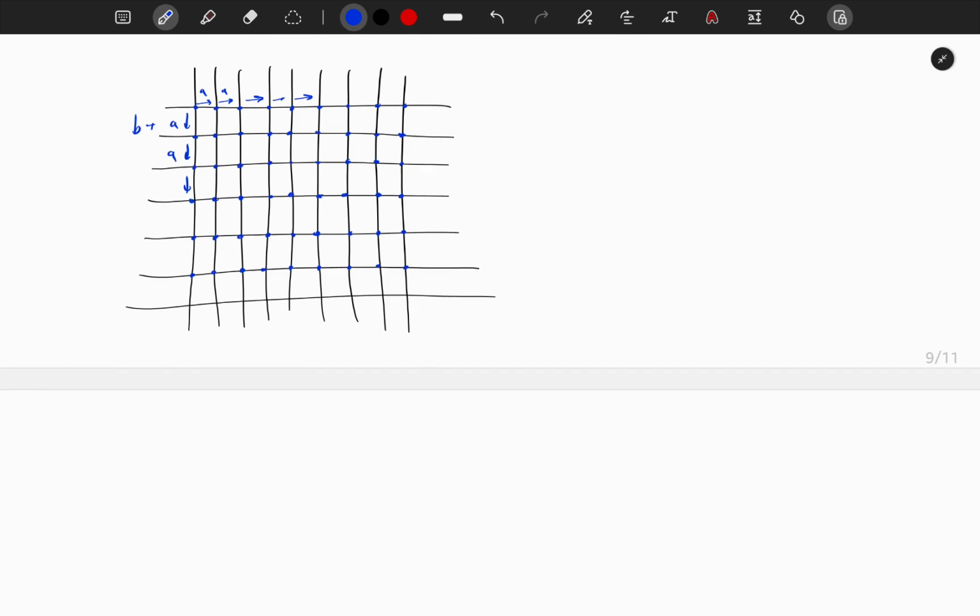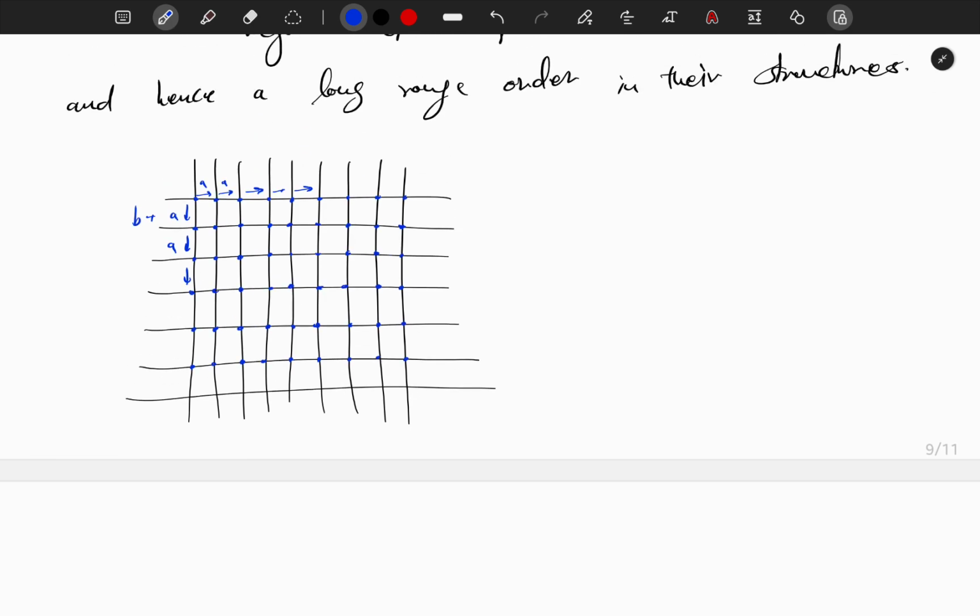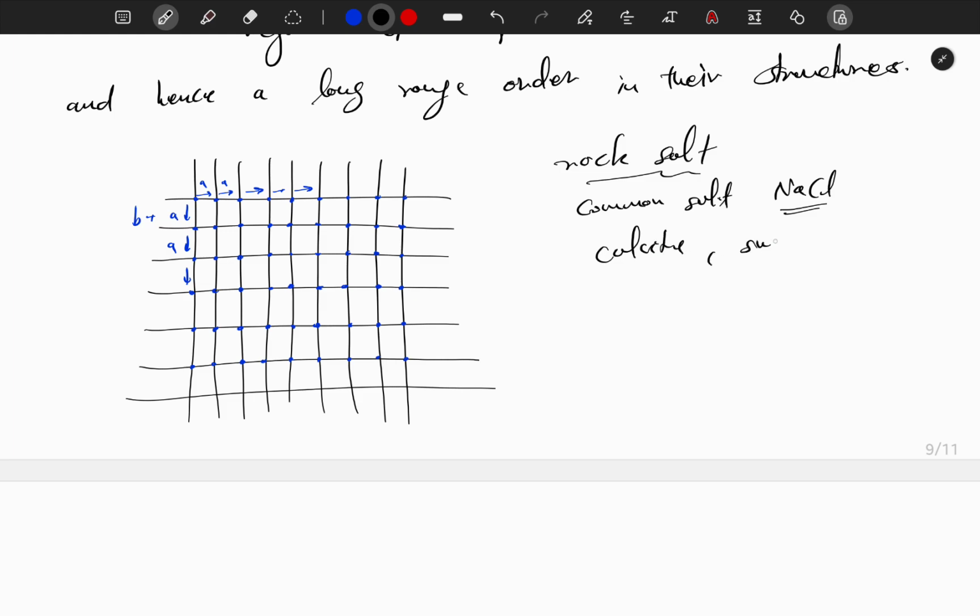Some common examples of crystalline solids are rock salt, or the common salt, NaCl, which we use in our houses, calcite, sugar, and quartz. These are crystalline solids.